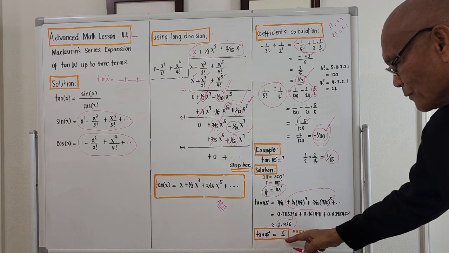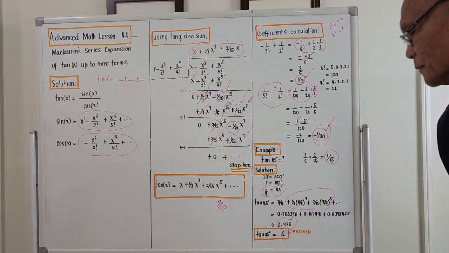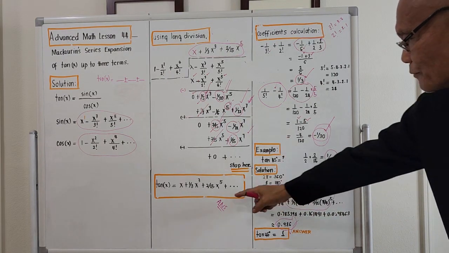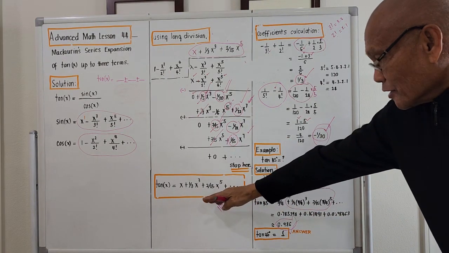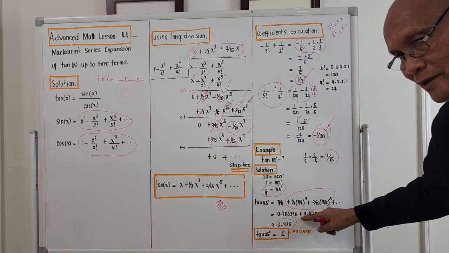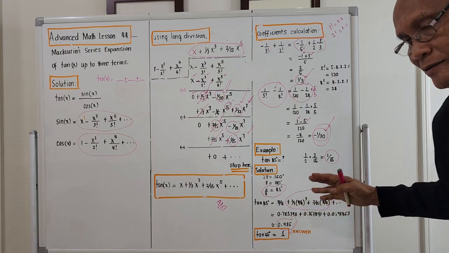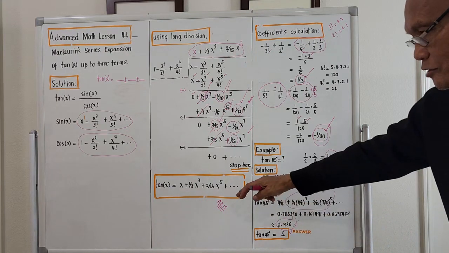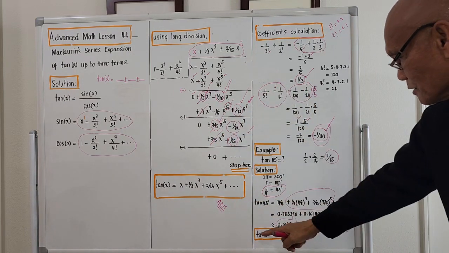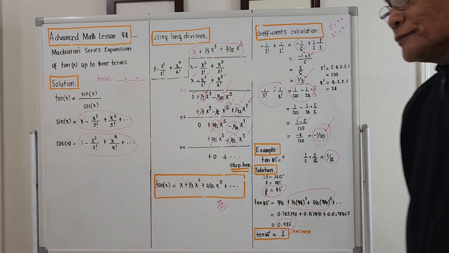So tangent of 45 degrees is actually 1. There's a little bit of discrepancy because we stop at the third term. If we add one more, this will become 0.99 maybe. But just to show the validity or the correctness of the equation, we show this one. So now as the final answer, tangent of 45 degrees is actually 1.